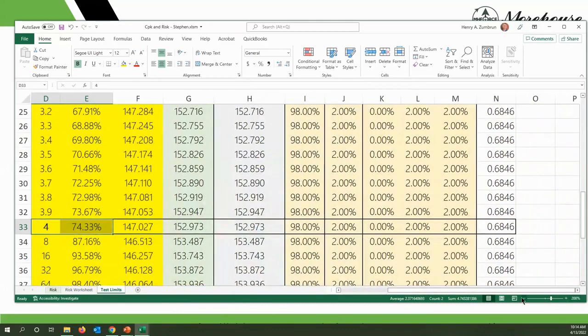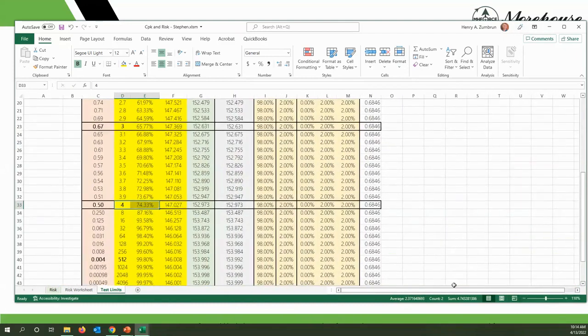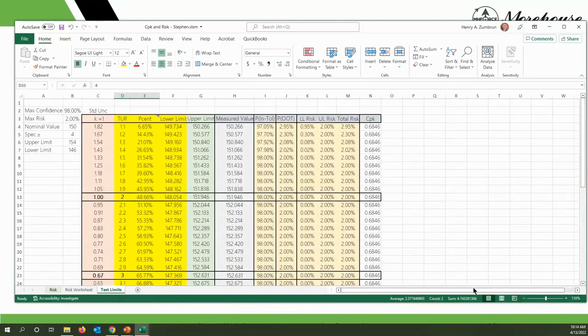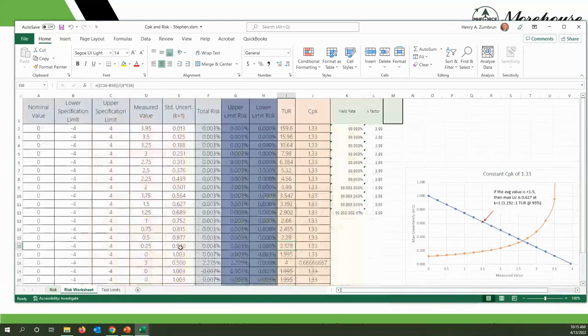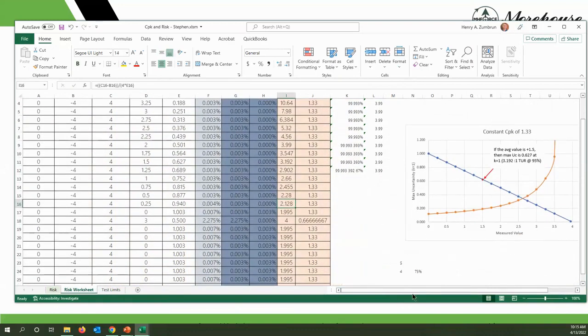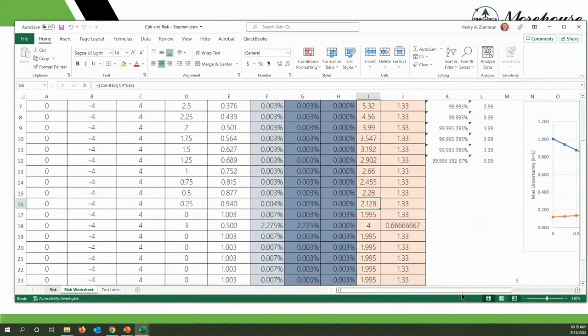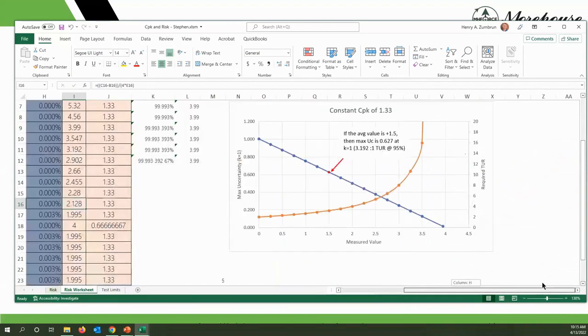But I wanted to show people that because you don't always see it, right, on what this is. And here's some more information, as I said, going to this different spreadsheet, which we'll come back to later. But at a 3.1, you can see the measured value versus max uncertainty curves. Anyway, I'm going to go back to this.